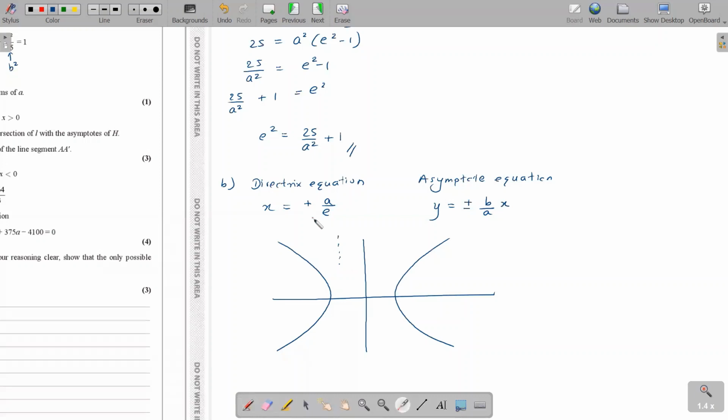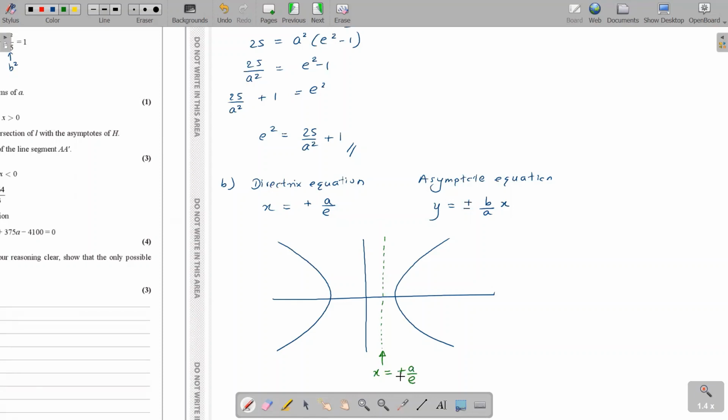We don't need the negative directrix, we only need the positive one, so I'll draw x equals a over e.